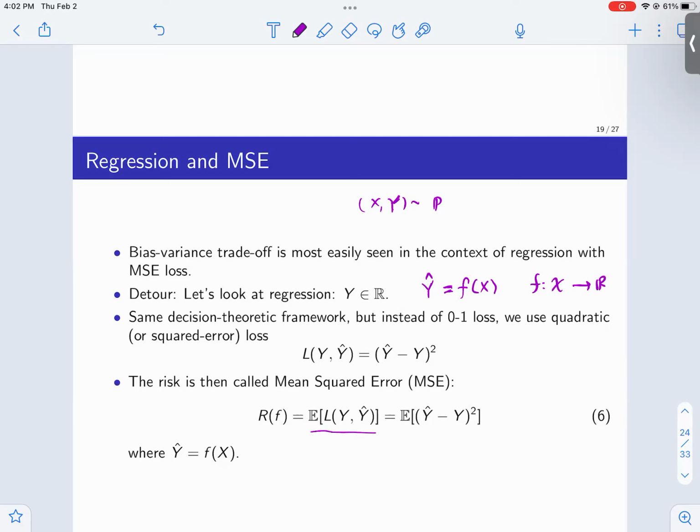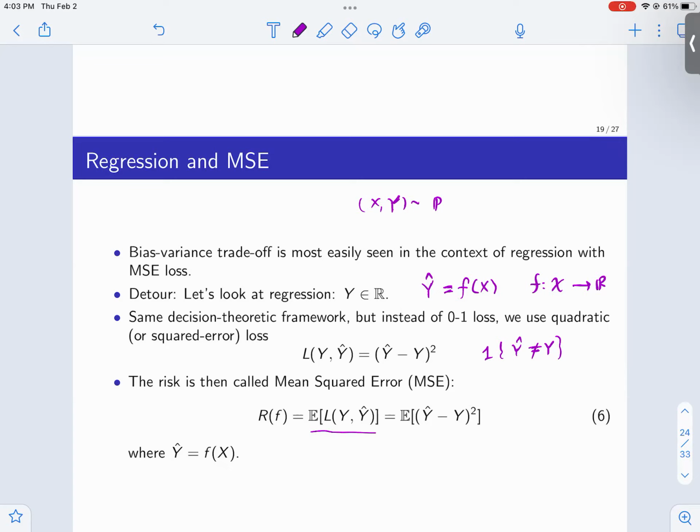Okay, so within the same framework, I just changed the loss because my target is not binary, so 0, 1 doesn't make much sense. The 0, 1 loss, I can still use it, but most often I'm not going to. It is very strict because it says if Y hat is not equal to Y, then I pay the maximum price, otherwise it's 0.